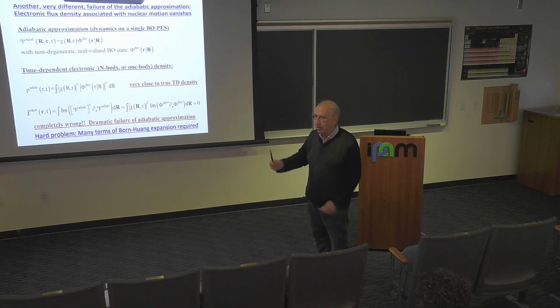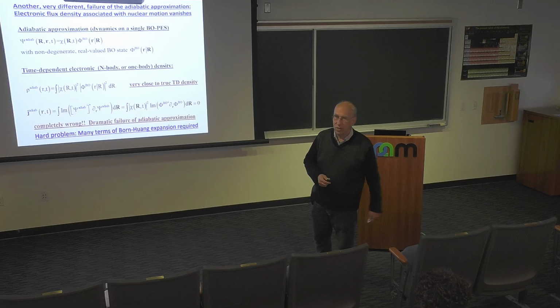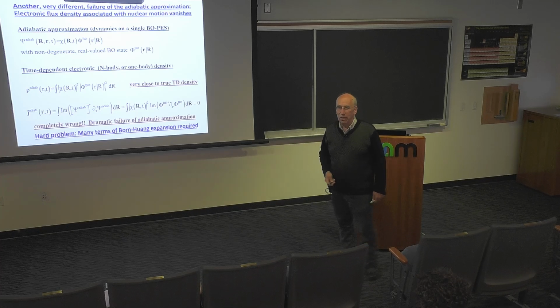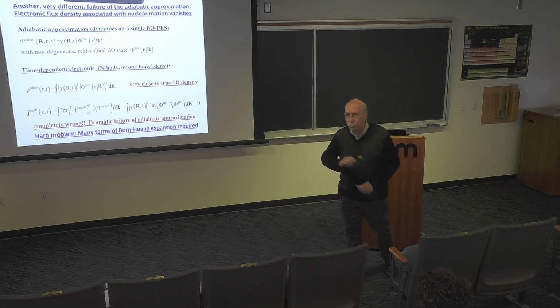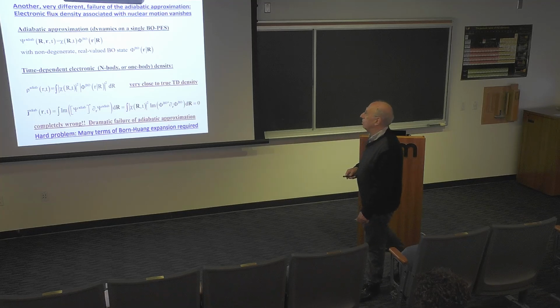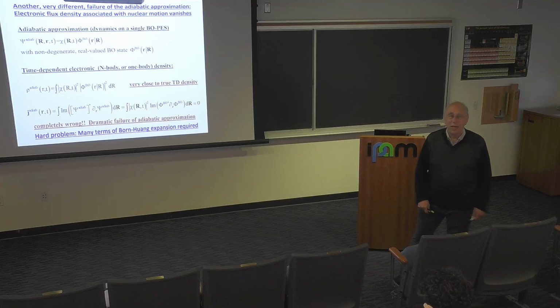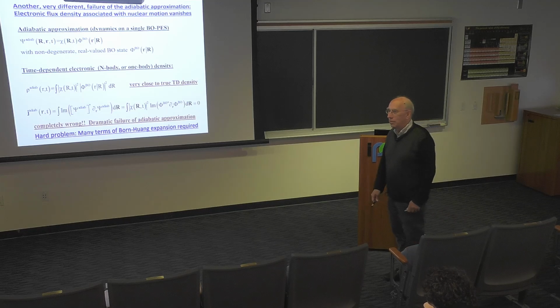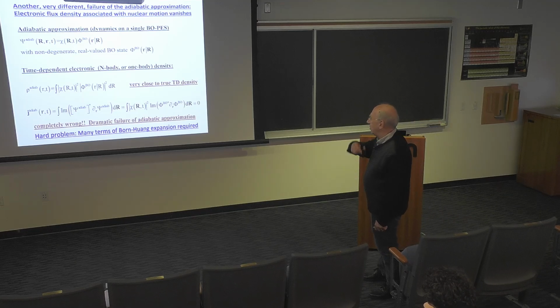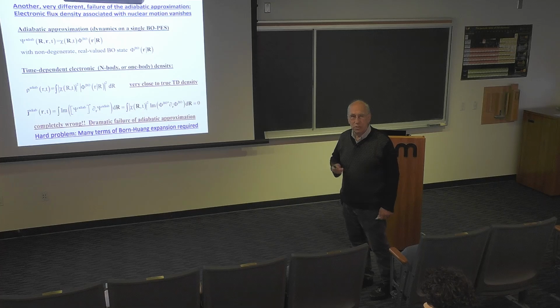So eigenfunctions, these complicated electronic structure eigenfunctions in which you expand, you need hundreds of them. Super difficult problem. And I know some colleagues, Björn Manz, some of you may know him, the chemists among you, he spent decades on this problem. So it's super difficult.